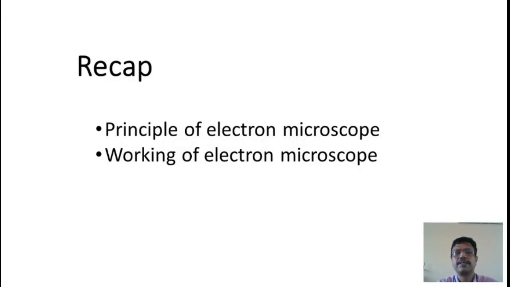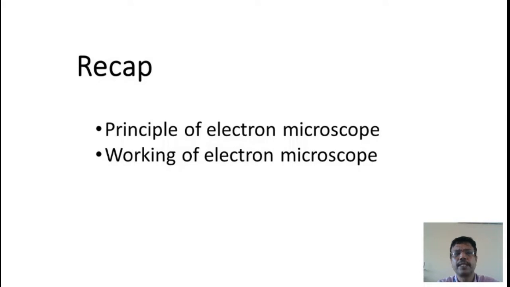Its charge is negative, spin is half, and this particle is called fermion, and its charge is 1.6 × 10^-19 coulomb.